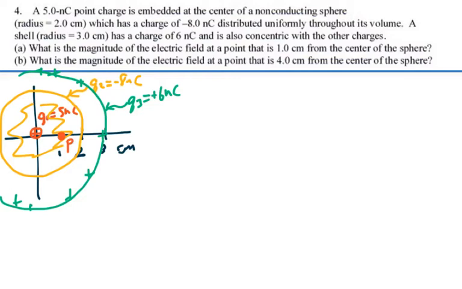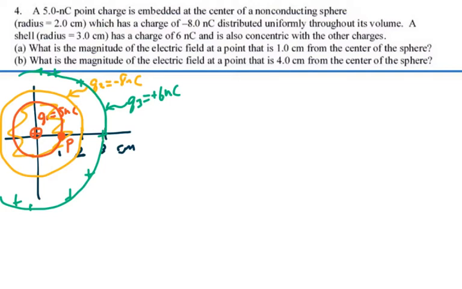So we can imagine that there's a Gaussian surface 1 centimeter around, and we want to consider that Gaussian surface. We know from our treatment of Gaussian surfaces that any charge outside that surface is not going to contribute to a net flux through that surface, because whatever goes in is going to come out.